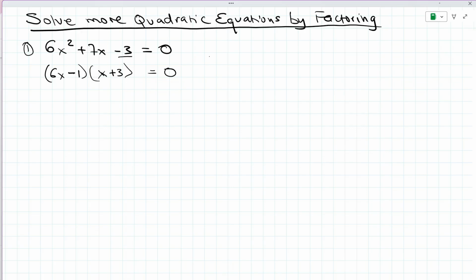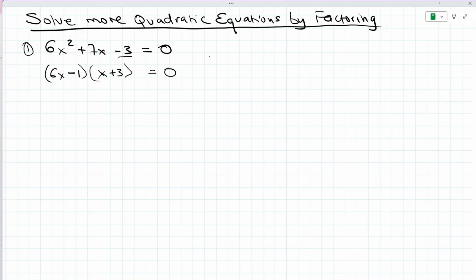Now, let's back up a little bit. The two factors which, when multiplied together, give us 6x squared, could be 6x multiplied by x, but since 6 can be broken down, we should actually break this 6 into 2.